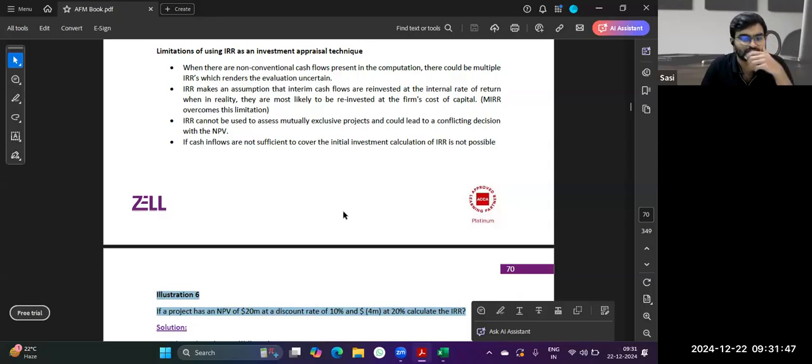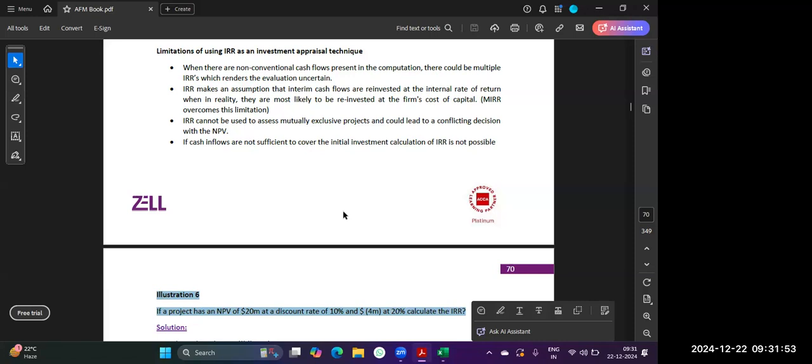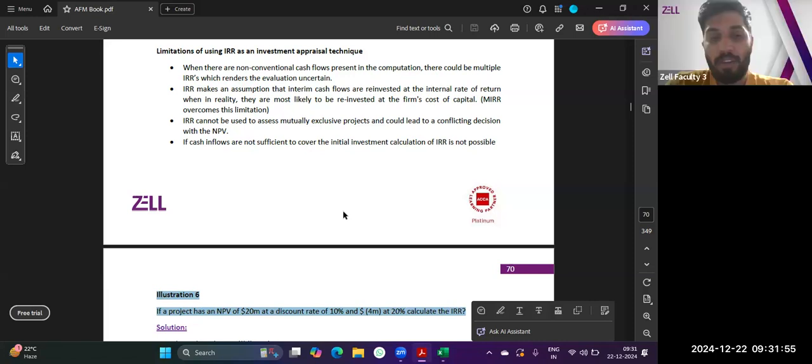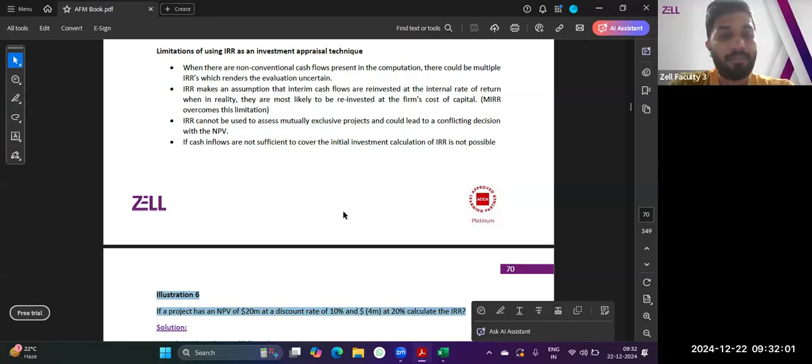Sir, 18.3%. Okay. Anyone else who got the answer? Everyone is getting 18.3%. Everyone has got this, right? 18.3%, guys.